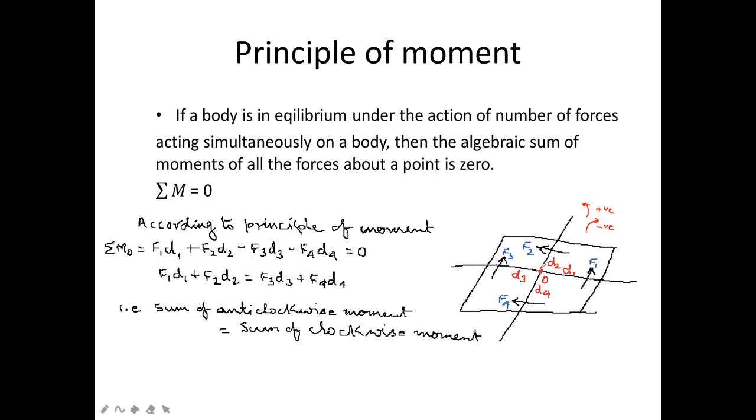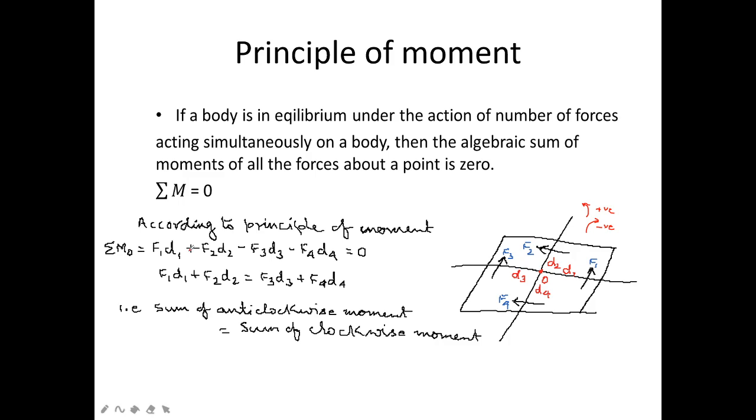Now F1 d1 is giving an anti-clockwise moment, so that's why this is positive. F2 d2 will again be anti-clockwise, so this is positive. F3 d3 is clockwise, that's why this is negative, and F4 d4 is clockwise, that's why this is negative again. So the algebraic sum of moments of all the forces. Why am I saying algebraic sum?